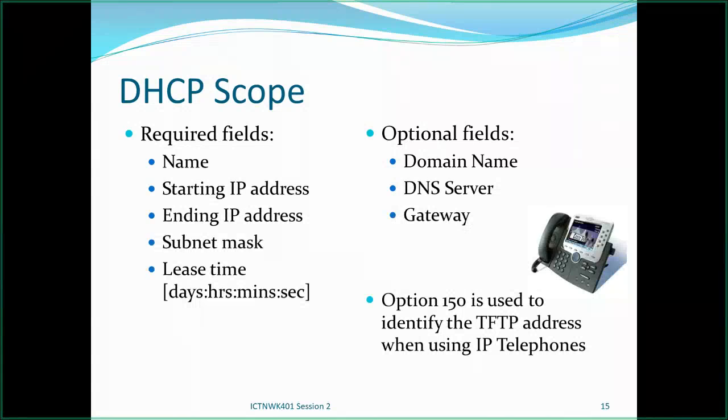So if you look into DHCP, there is an extensive list of optional parameters that you can configure within DHCP. But the required ones, the pool name, the range, so it's starting and ending IP address, the mask and lease time, is the minimum. Okay? If you don't include the gateway, the DNS server, and that, it won't get anywhere off the local network. Okay? Because it doesn't have a gateway address, it can't leave the network.